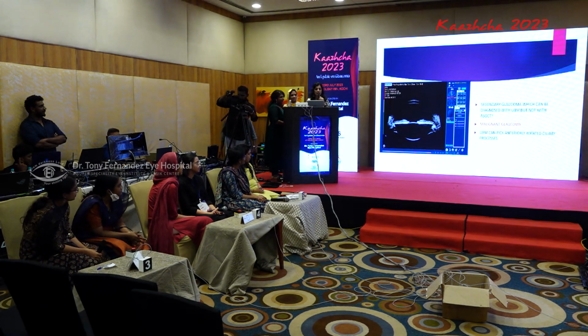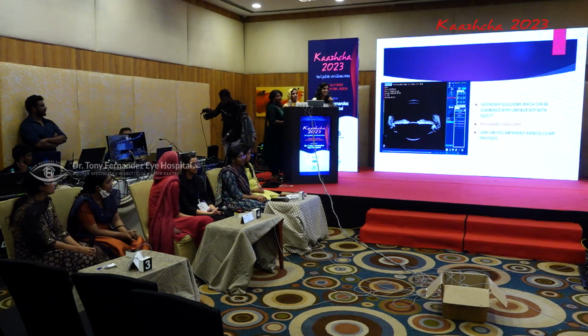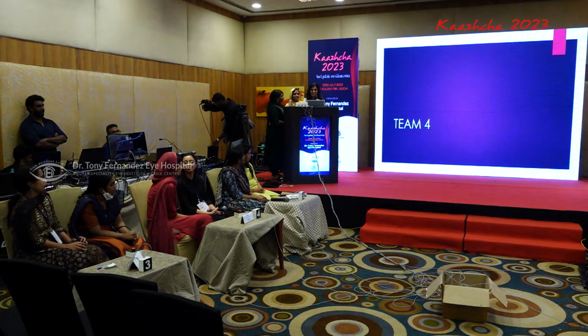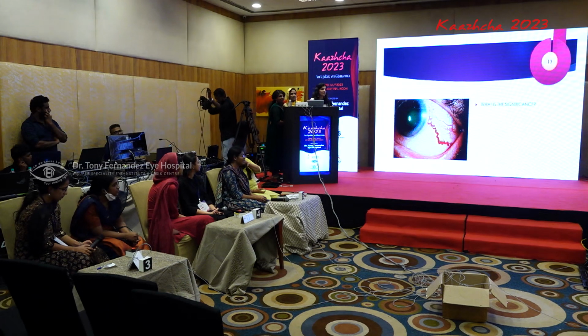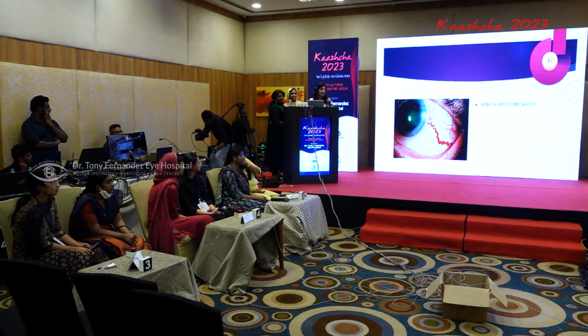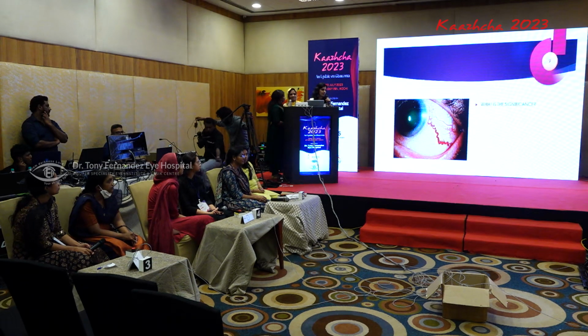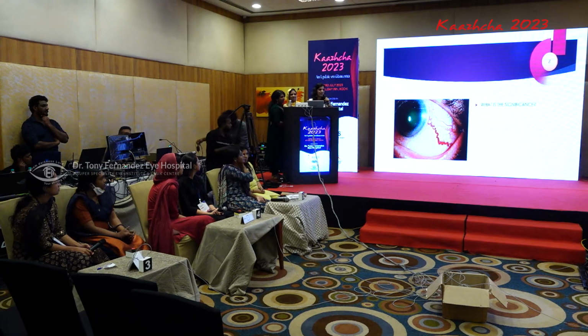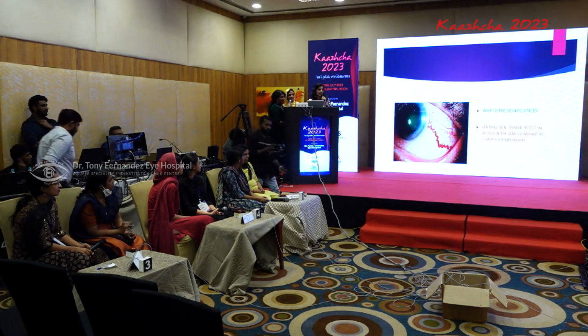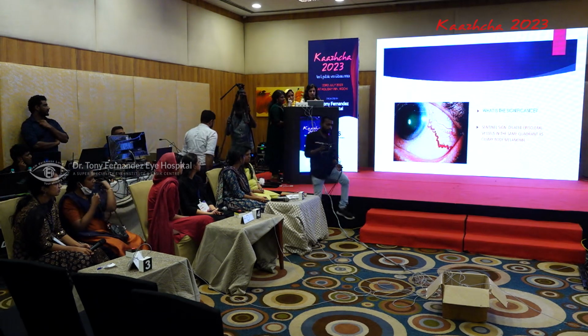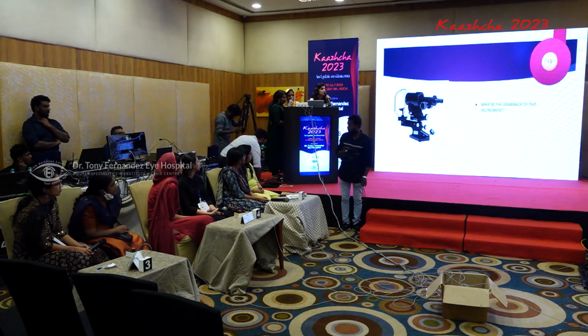Next to team B. Sorry if I'm going fast. What is the significance? Corkscrew vessels seen in carotid cavernous fistula. No. -5. This is sentinel sign. Dilated episcleral vessels in the same quadrant as ciliary body melanoma. What is the drawback of this instrument?